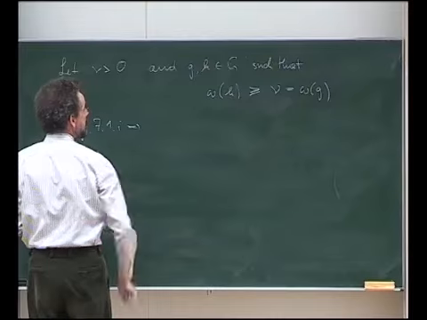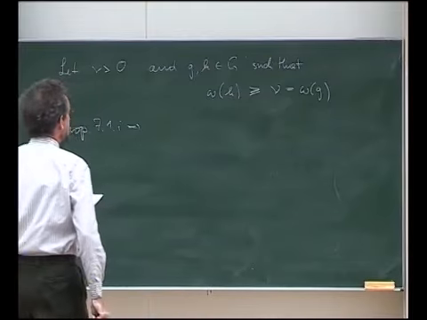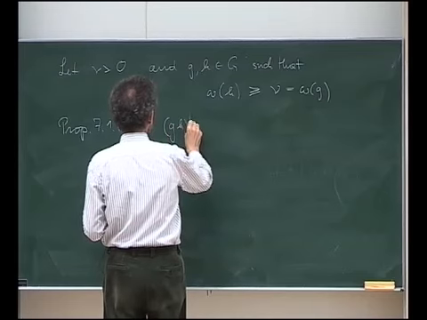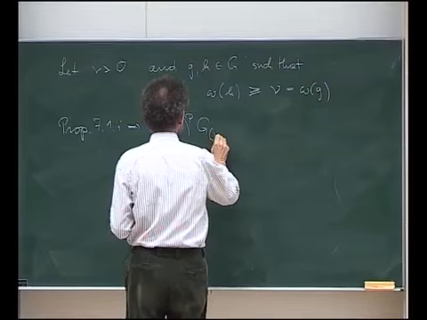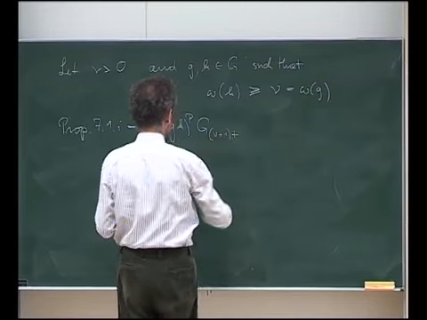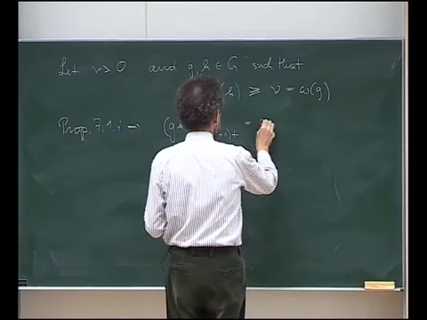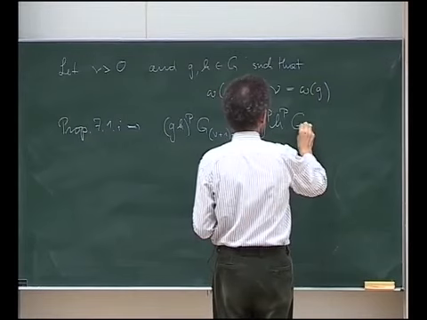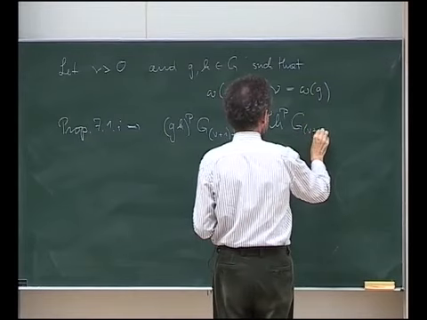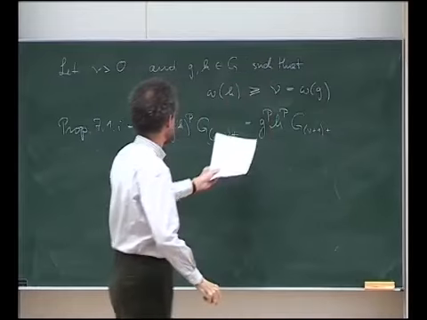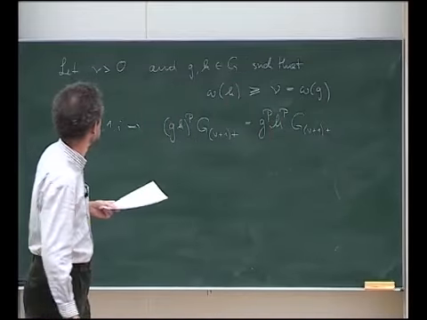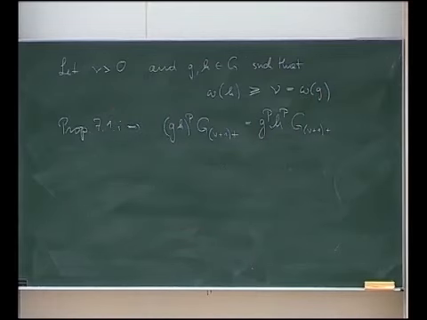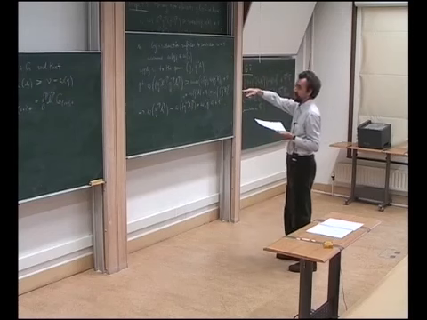So then the proposition 7.1e says that g h to the p times g nu plus 1 plus is equal to g p h p g u plus 1 plus.